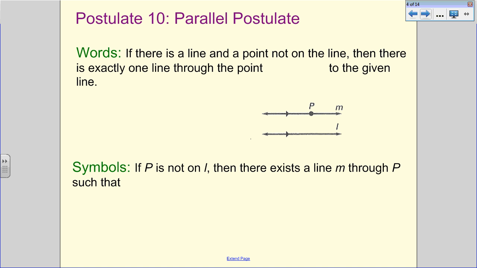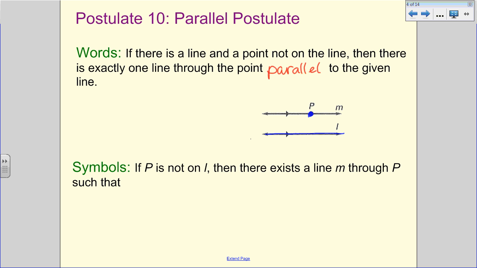So all right, let's take a look at postulate 10. It's the parallel postulate. If there's a line and a point not on the line, so we have a line and a point not on that line, that'll be our point P, then there's exactly one line through the point that is parallel to the given line.